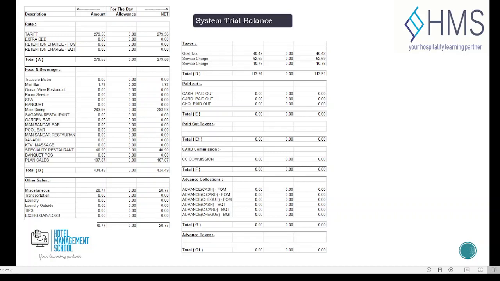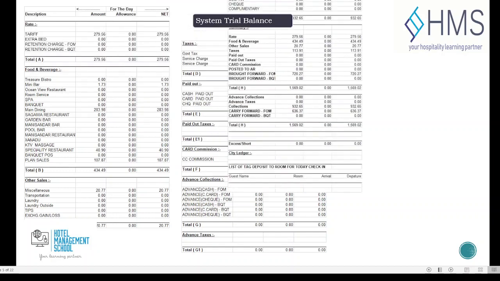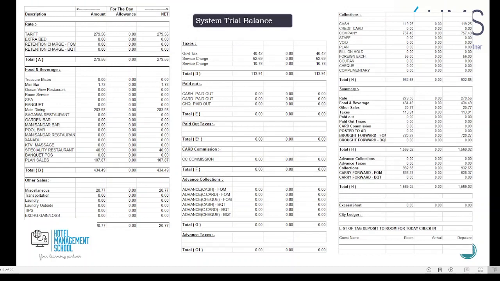And then you will have the collections part, right? So it can be the credit card, advance collections, advance taxes, collection by cash, credit card, company, staff, how many avoided, how many are planned, bill on hold, foreign exchange, and other types of things, right?